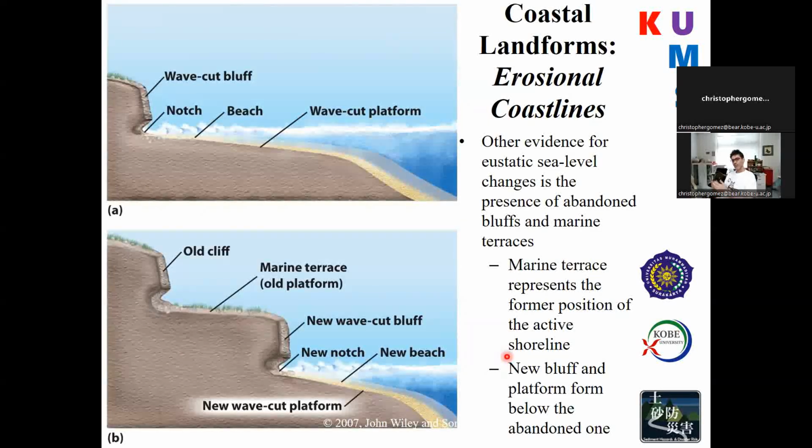And when you look at those processes one after another, then you have this kind of cascading set of processes. You have the old cliff first, and then the marine terrace and the new wave-cut bluff. Can you remember the lecture I was doing in another class, which you should have been taking if you're part of this class, yesterday about natural hazards? I was talking to you about the factor of safety, and linked to that, we were discussing some examples across the world.